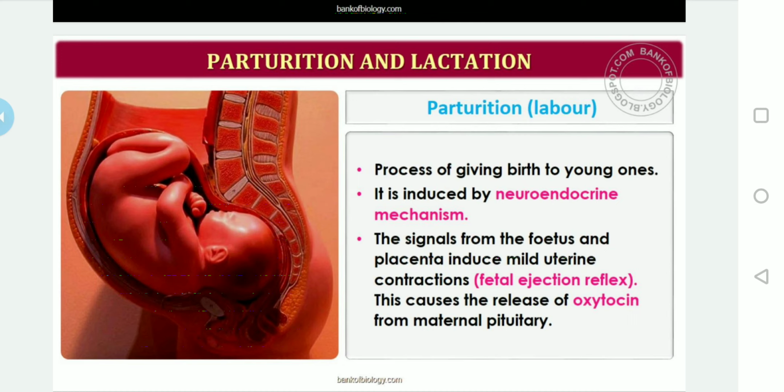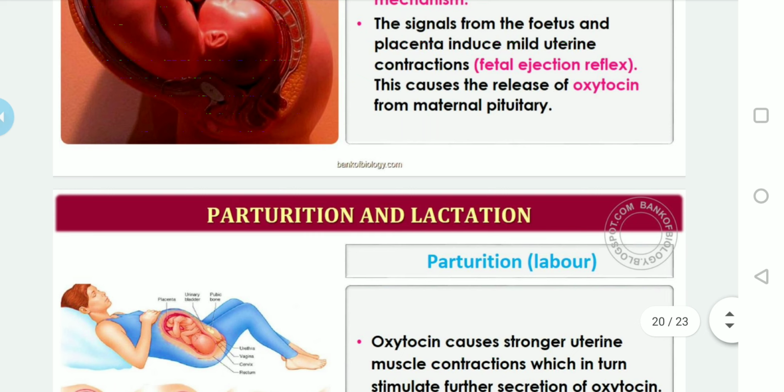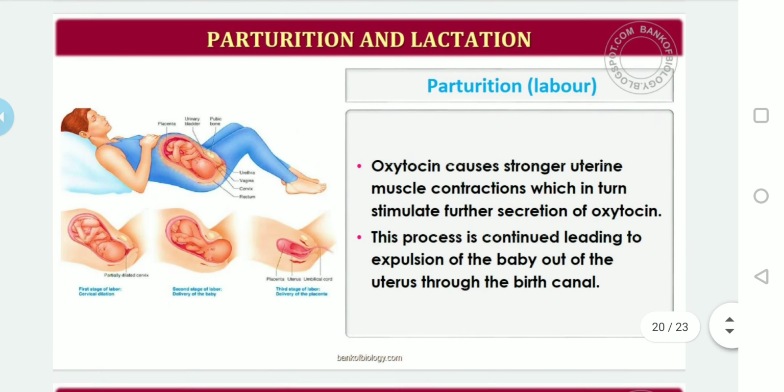Oxytocin acts on the uterine muscles and causes a stronger uterine contraction, which in turn stimulates further secretion of oxytocin. So this acts as a stimulus, isn't it? Then only there will be a response. This stimulatory reflex continues, resulting in stronger and stronger contractions.